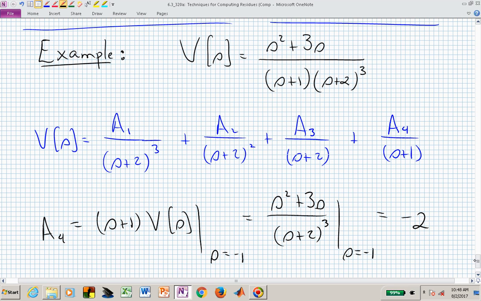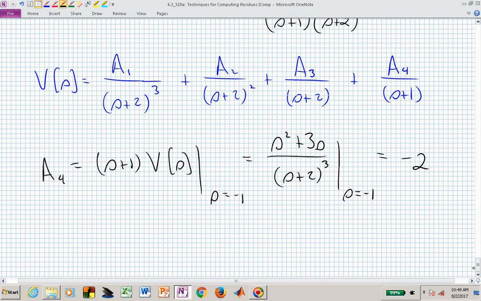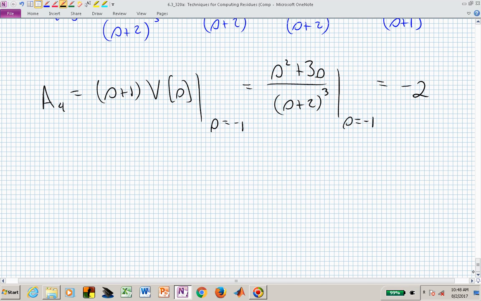What other partial fraction expansion coefficient can we compute using the cover-up method? We can solve for the coefficient associated with the highest power of that repeated root, which in this case is a sub 1.